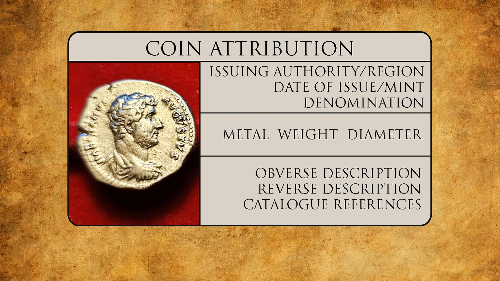We have the physical description of the coin, things like weight, size, metal, and we have the iconographic and catalog references. Each of these is going to help us out in different ways. We need to cover them individually, and we need to gather all of this information. We can't leave any of these items out.